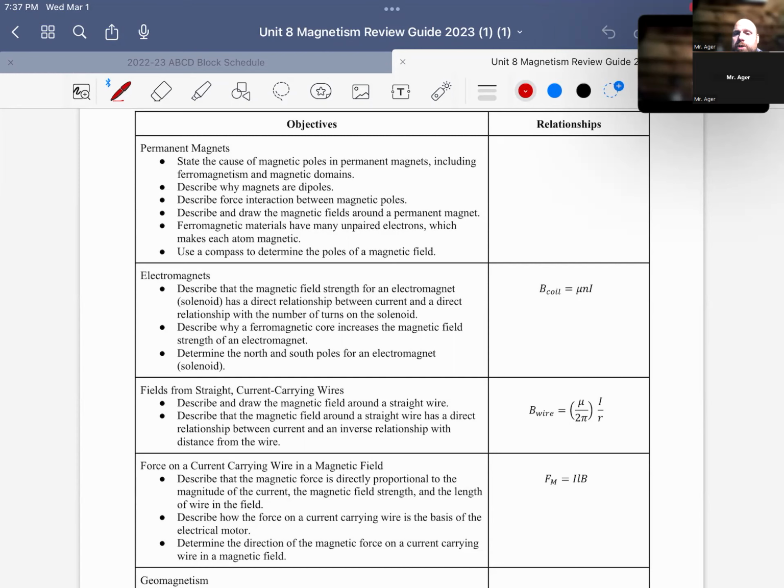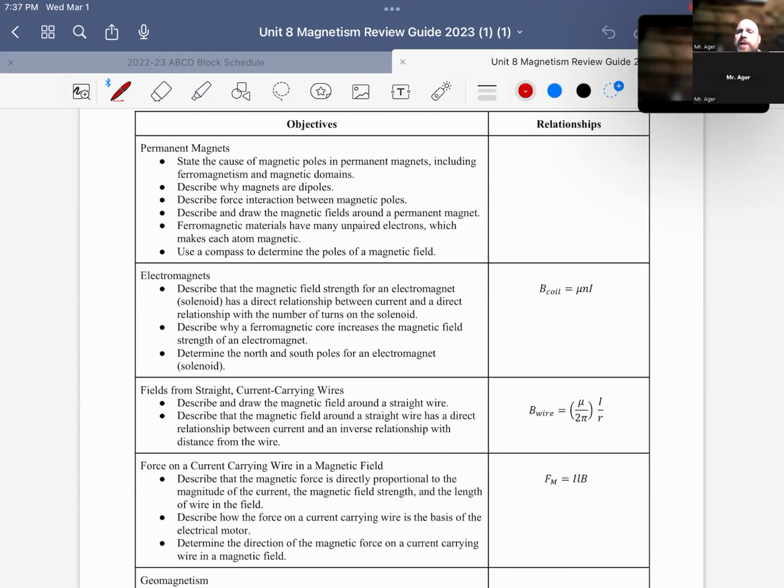Secondly, notice the equations. We've got the equation for the strength of a coil, the equation for the magnetic field around a wire, and the equation for the force on a wire in a magnetic field. The key here, and I think we've mentioned this before, is there is no actual calculation on the test where you're given, say for the coil, the permittivity, the number, and the current.